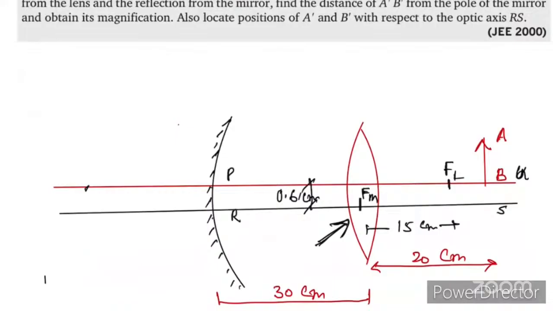And then there are two optic axes I have made. One is PQ and another is RS, and both are 0.6 centimeter apart.